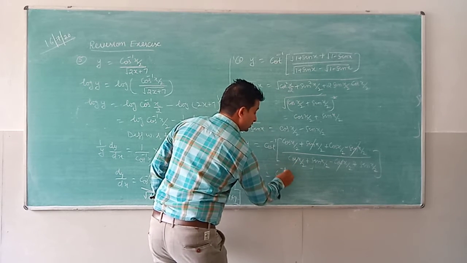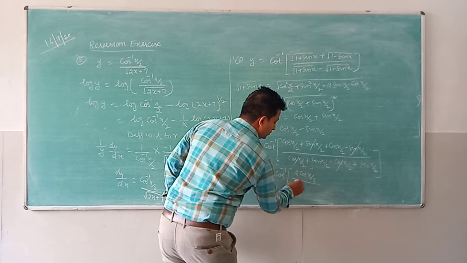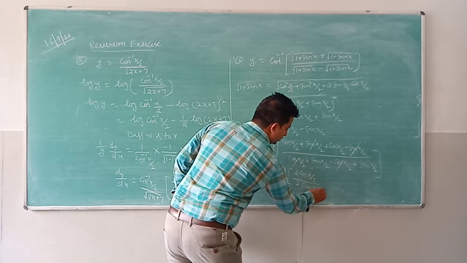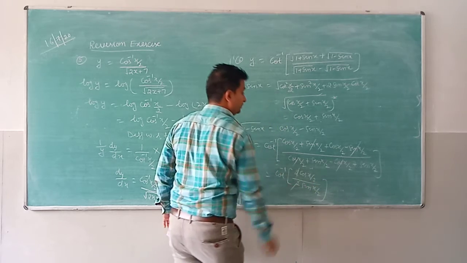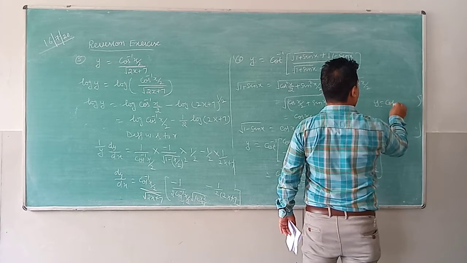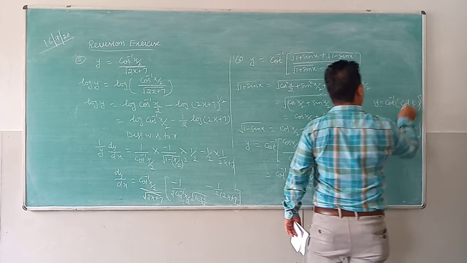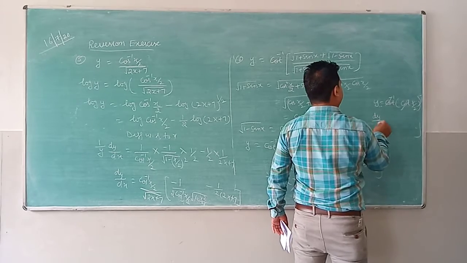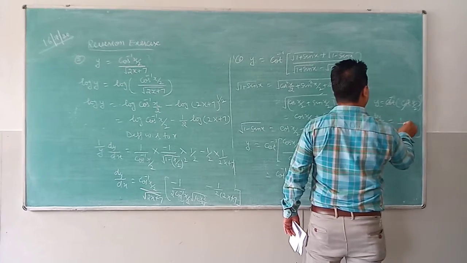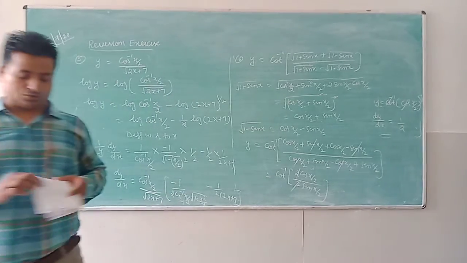So this is cot inverse of 2 cos(x/2) upon 2 sin(x/2). This cancels out, so y is equal to cot inverse of cot(x/2). This cancels out, so differentiation of x/2 is 1/2. This is the answer of this question.